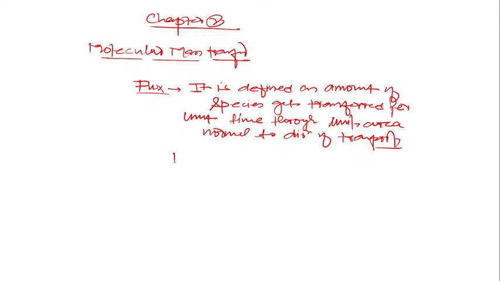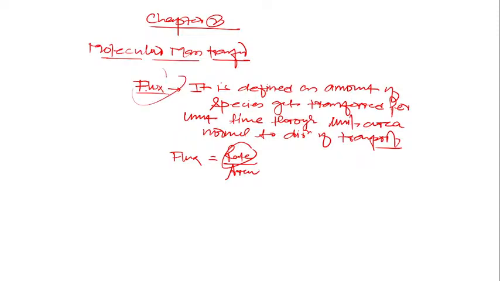And flux can also be defined as rate per unit area. Flux is nothing but the rate per unit area, because rate is the amount of species transferred per unit time. And the rate of species transferred through unit area normal to the direction of transport is called flux. Clear?